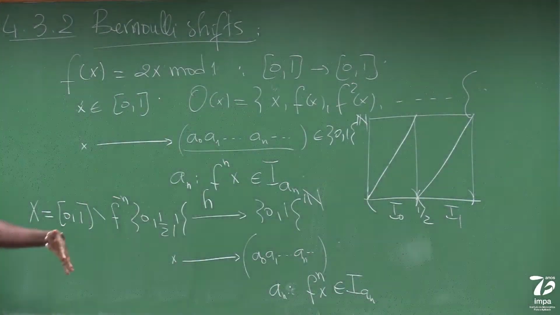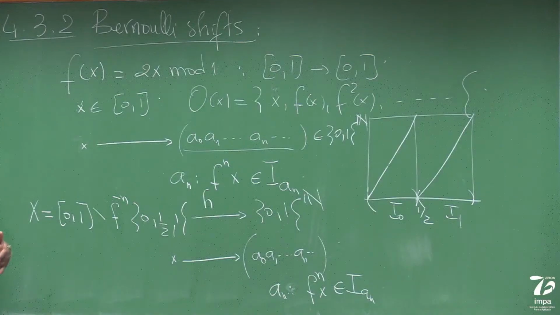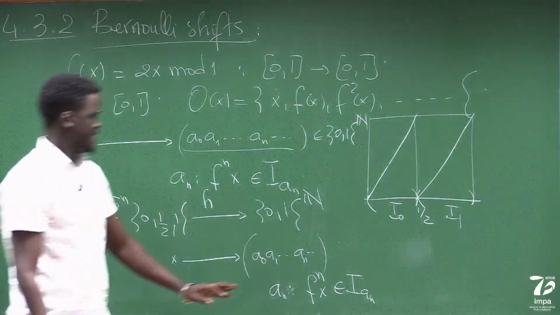So you're just tracing the orbit depending on where you land with respect to this partition. So this is truly injective, right? So H is injective.